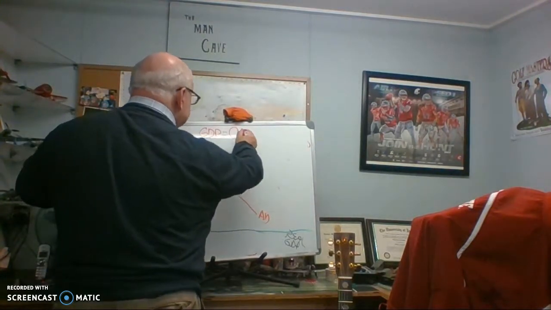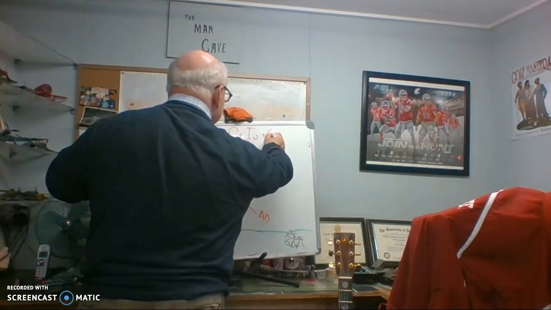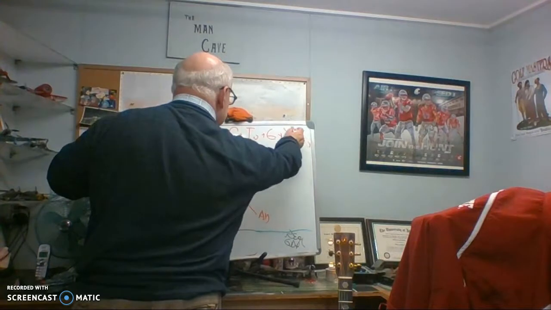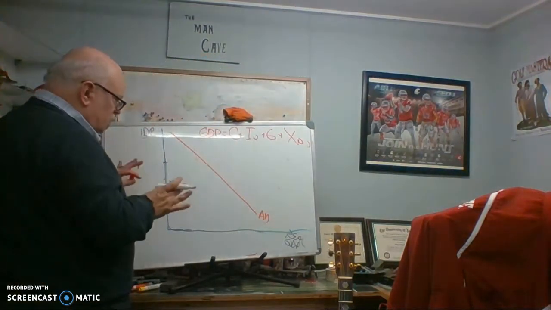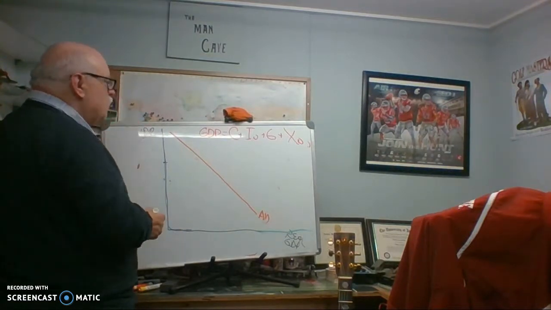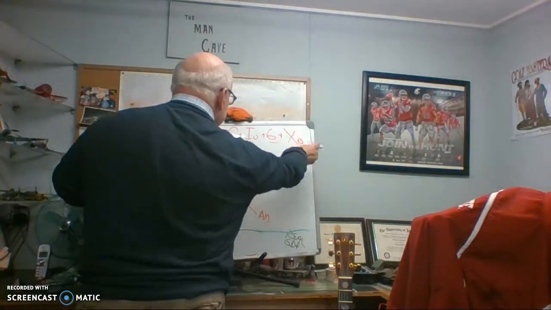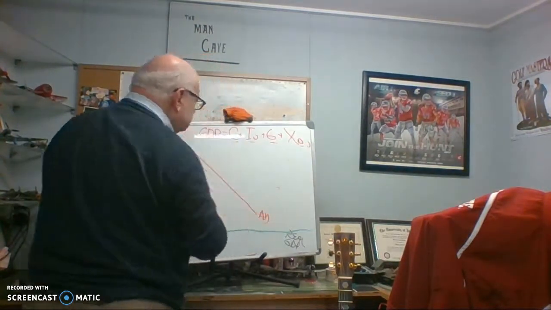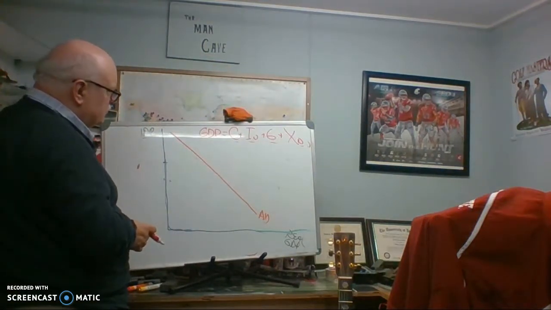It equals consumption plus net investment plus government purchases plus net exports, okay? So the multiplier comes into effect when we change one or more of these components. What happens when we change one or more of those components?